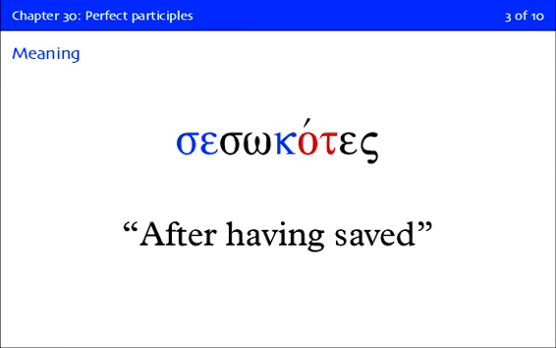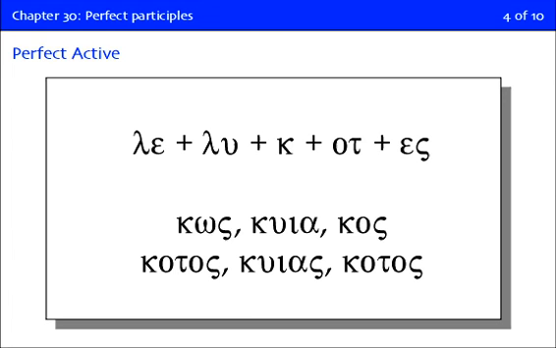Okay? Pretty straightforward. Okay, just to break them down, let's look at the perfect active. How do you form the perfect active? You have reduplication. You have your perfect tense stem. You have your tense formative, which is the simple kappa. You have the participle morpheme, which is omicron tau, and then you have the appropriate case endings.